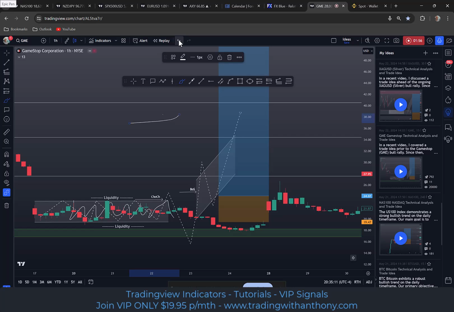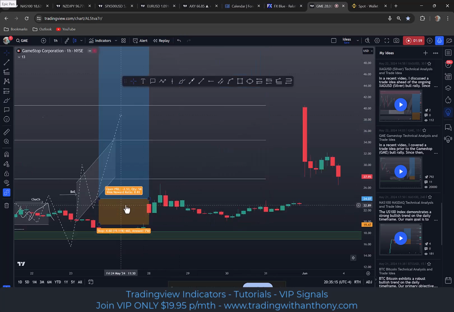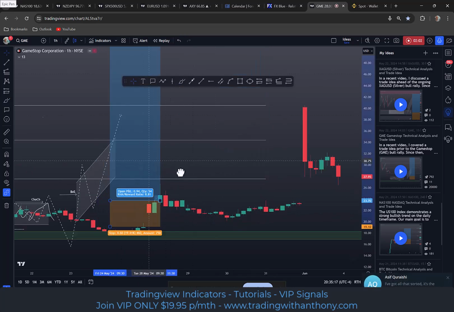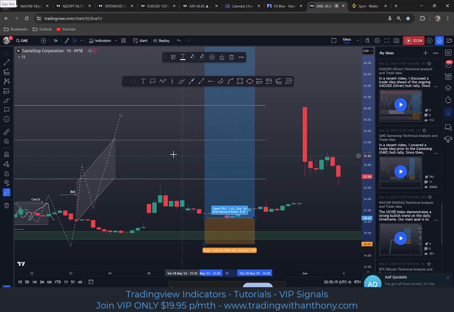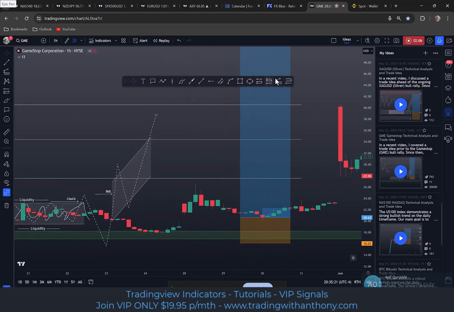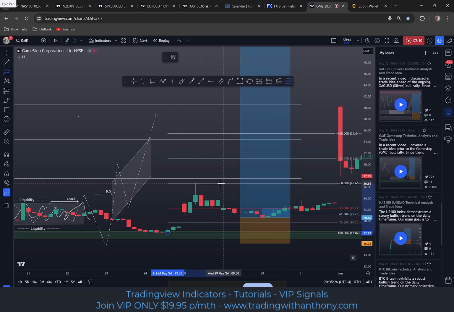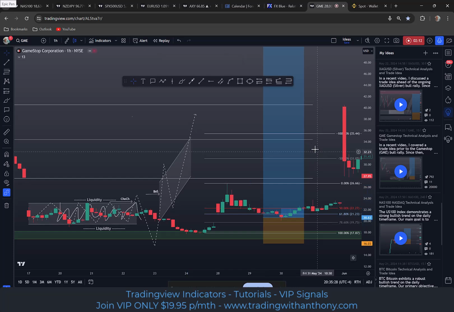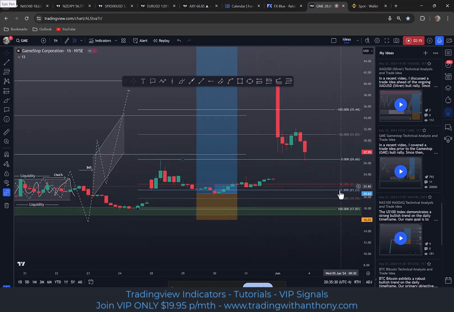So we see here that this gave us an opportunity on the pullback, and I talked about this. This is the Fibonacci retrace. If you grab your fib, pull it from the low to high. In the last video I mentioned this, we look at the 50 to the 61.8 over here on the right.